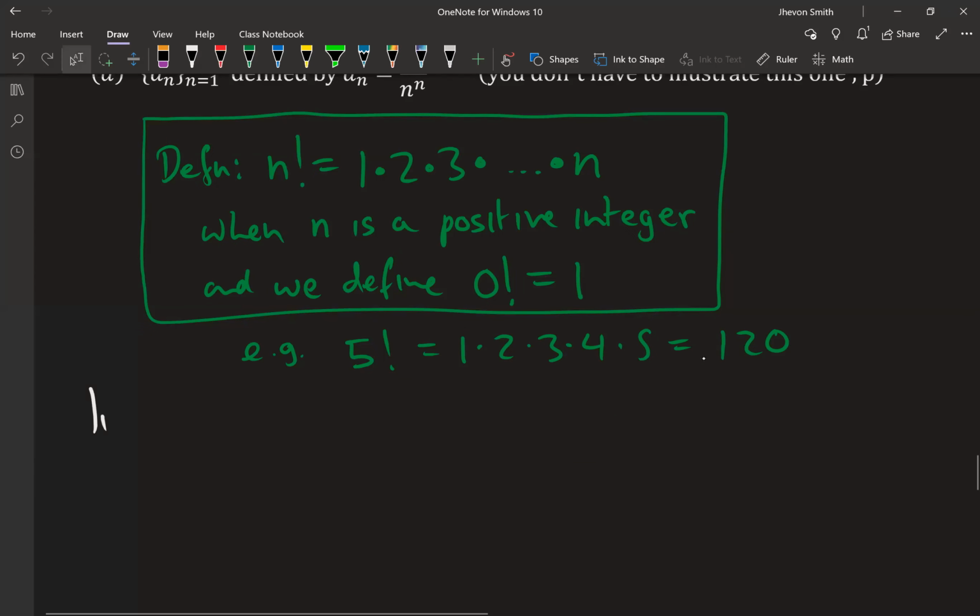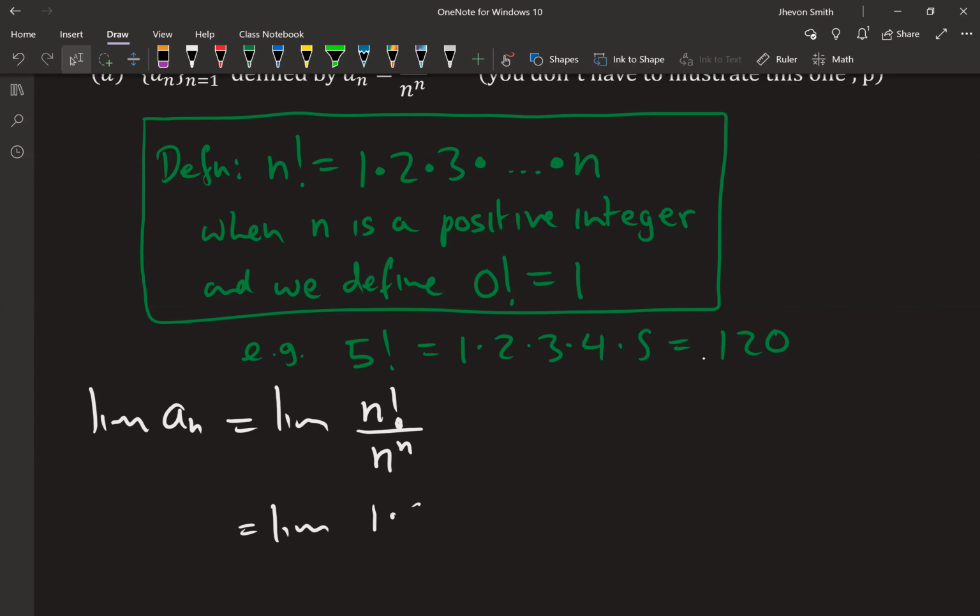So if we look at the limit of a_n, it's just the limit of n factorial over n raised to the nth power. Now, it's hard to actually look at that. How do we even know how to take the limit of a factorial? What does that even mean? However, if we write down the definition, and below it, we write down the definition of n to the n, which is like n times n times n.